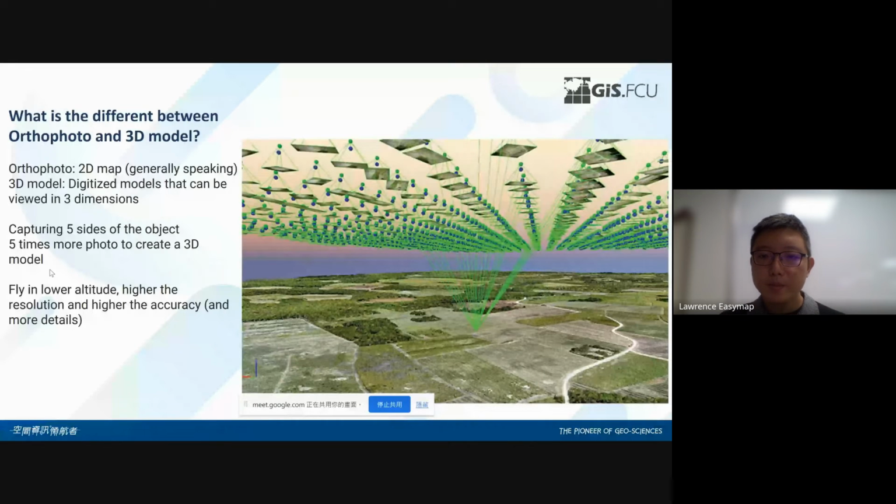Therefore, for the same area, if I want to generate a 3D model, I need to take pictures five times more. And just like the 2D map, the lower you fly your UAV, the higher the resolution and accuracy, and the more detailed the model.